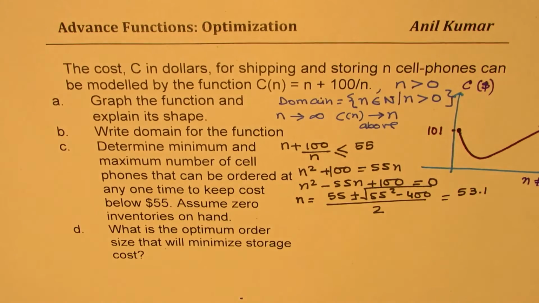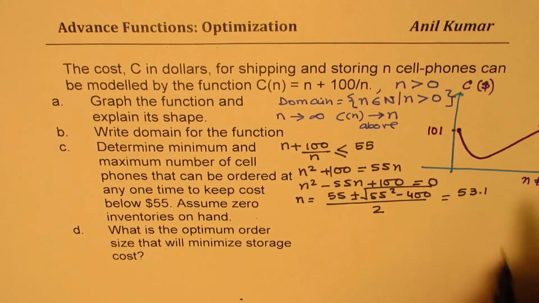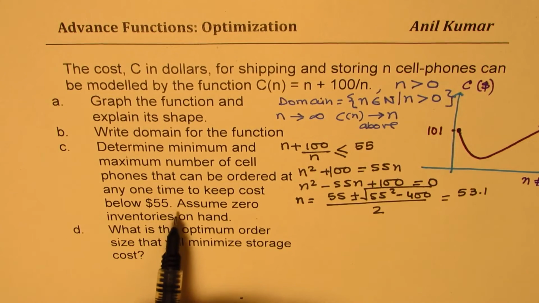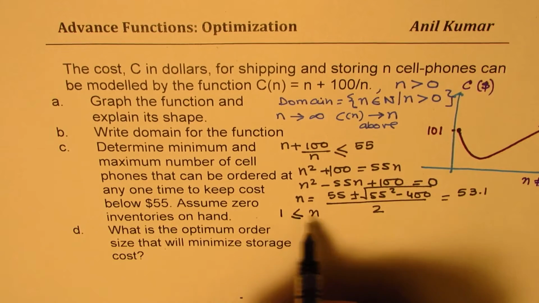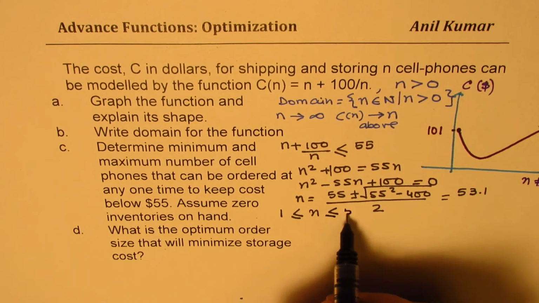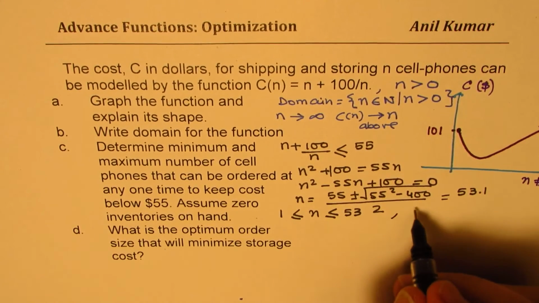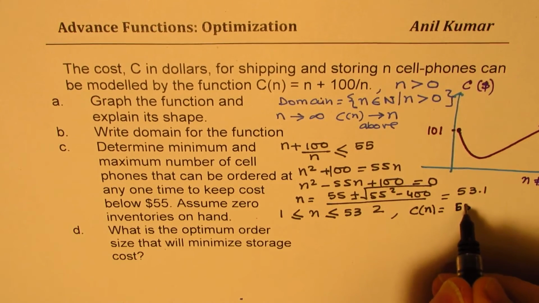So the maximum value of n can be 53. So that means for this cost, the value of n will be greater than or equal to 1 and less than or equal to 53, when we are assuming the maximum cost as $55.